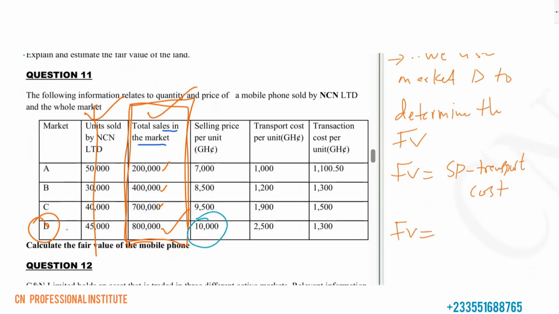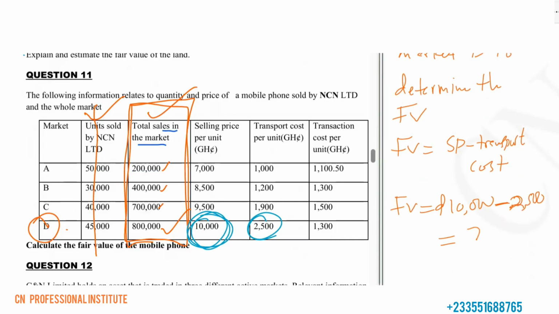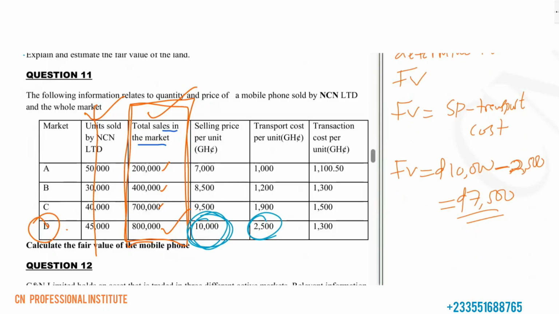So you bring 10,000 Ghana cedis, minus what is the transportation cost in market D? 2,500. So minus 2,500, and then our final answer is 7,500 Ghana cedis. All right. So therefore, the fair value is 7,500 Ghana cedis.